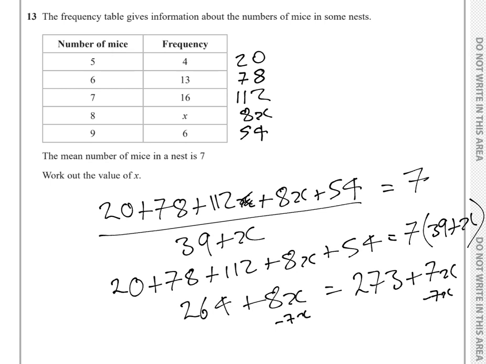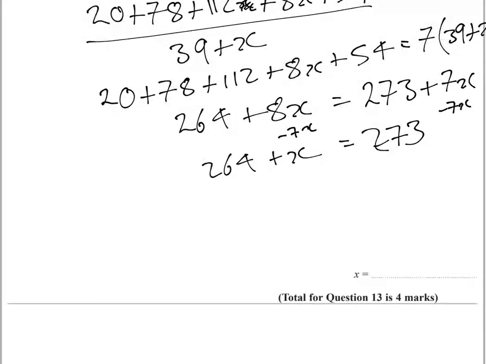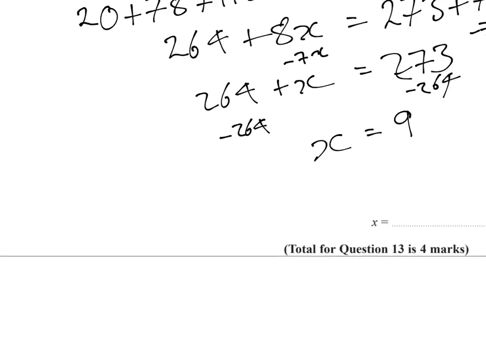I get 264 plus x equals 273. Take 264 off both sides. Get x equals 273 minus 264, which is 9. x equals 9. All good.